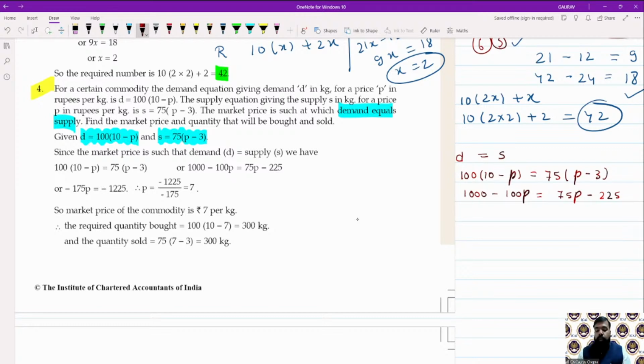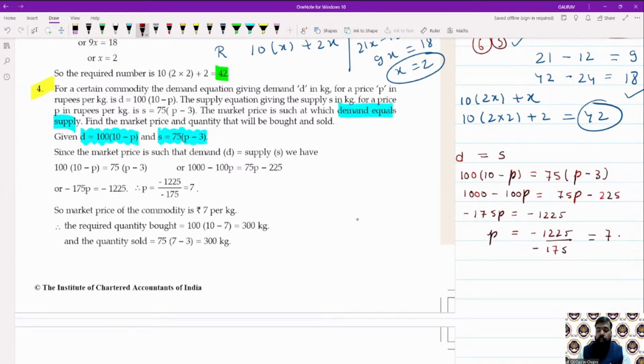Let's bring all the variables on one side. So minus 175P is equal to minus 1225. Therefore, the value of P will be 1225 upon 175, and now we are getting 7.